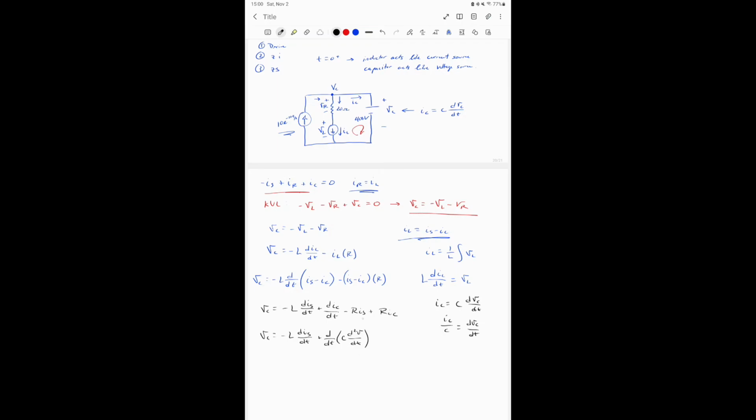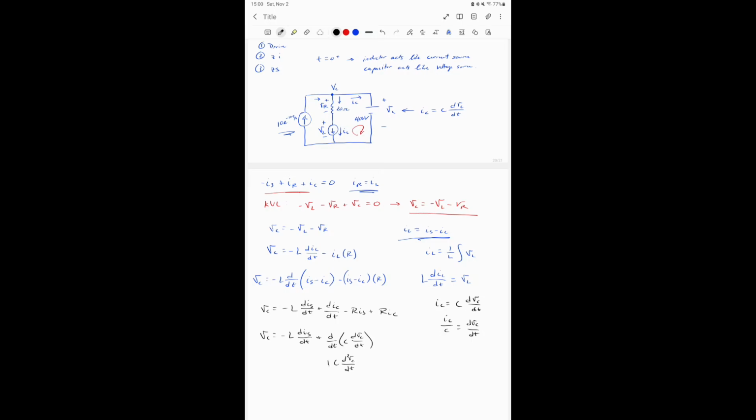I put this dV, this was supposed to be of IC, but we can skip this step. But you just saw what I did. I did d over dt of IC, and we established that this is what IC is. So this would be C dVC over dt. And so what you're doing here really is taking the second derivative. So this is going to be C d squared VC over dt squared.